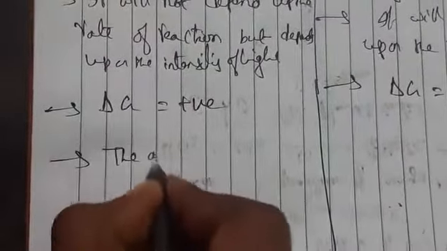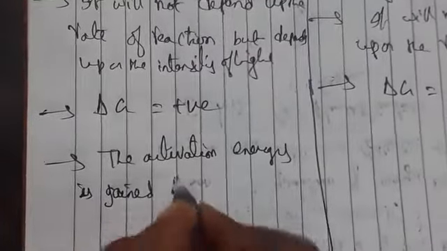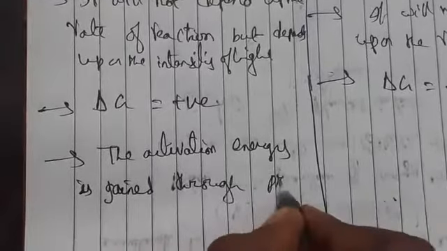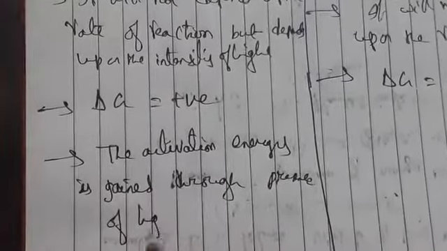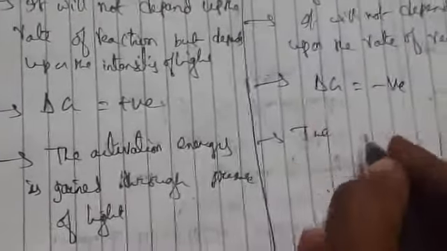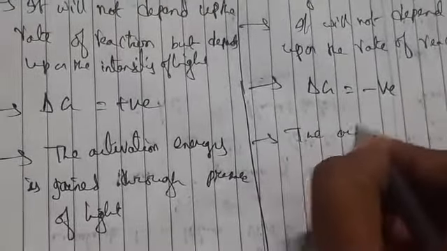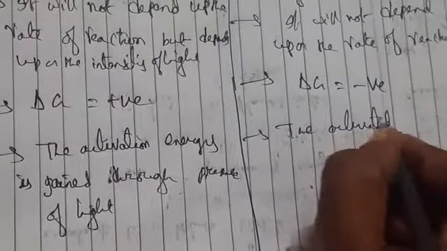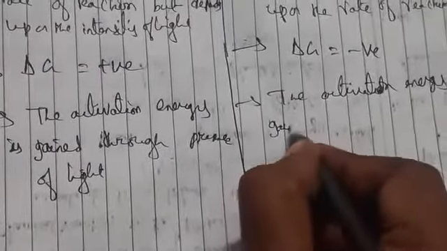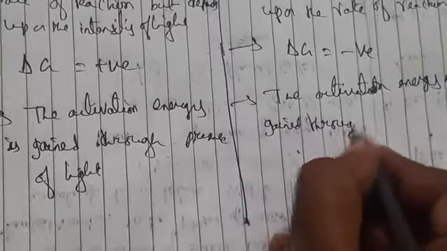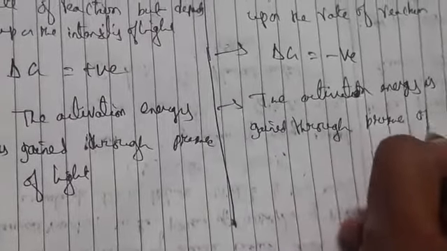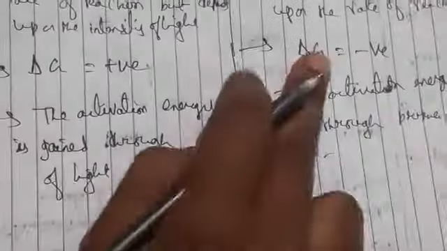So the activation energy is gained through the presence of light or through the presence of heat respectively. This is about the differences between photochemical and thermochemical reactions.